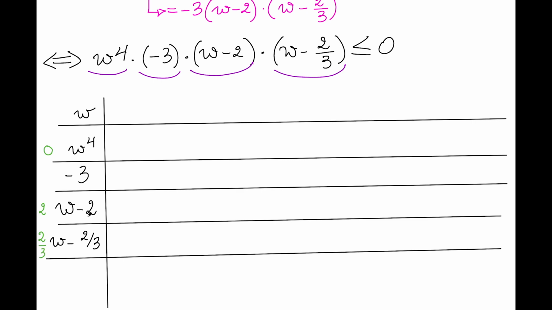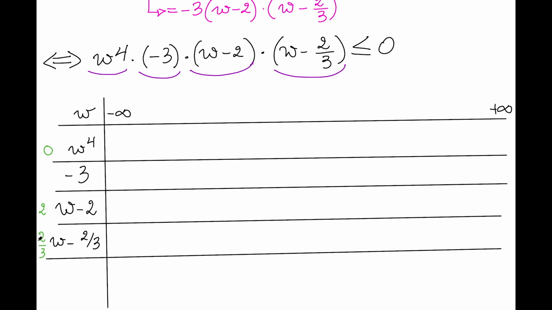I'm going to place all these critical numbers on the number line. Remember, this first row is the number line, so this is from minus infinity all the way to plus infinity. I'm going to list them while respecting where they are located.